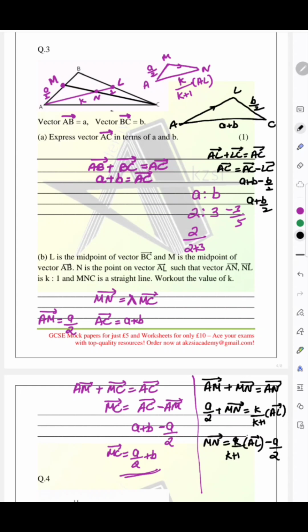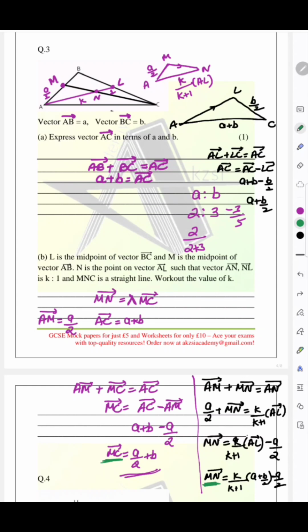So MN would be k by k plus 1 times a plus b by 2 minus a by 2. We have calculated MN, which was important. We have calculated MC, and at the very end we have to put it here.